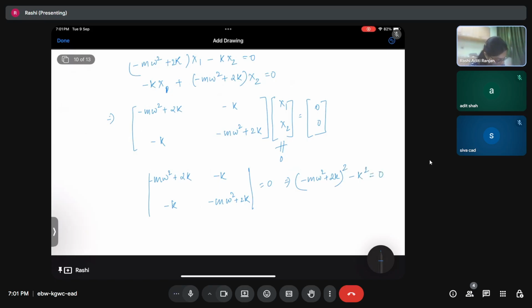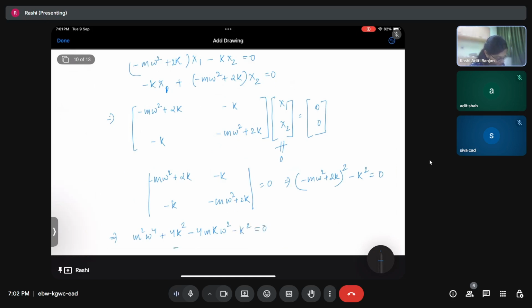If I expand it, m square omega to the power 4 plus 4k square, k square minus 4 m k omega square minus k square is equal to 0.